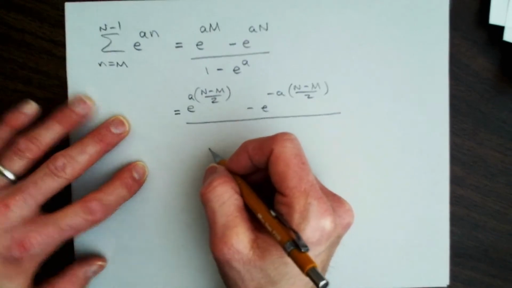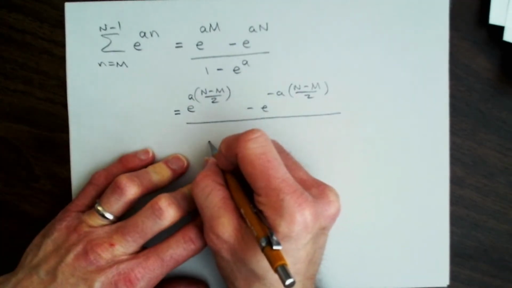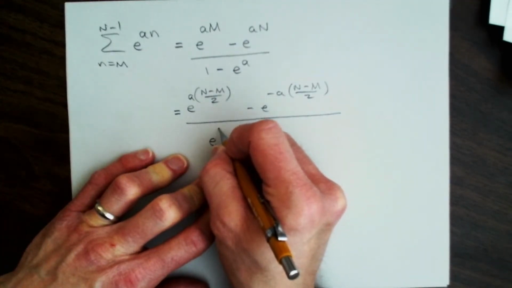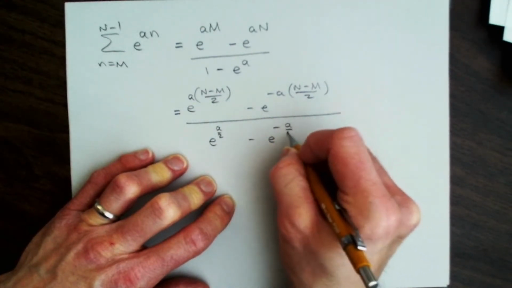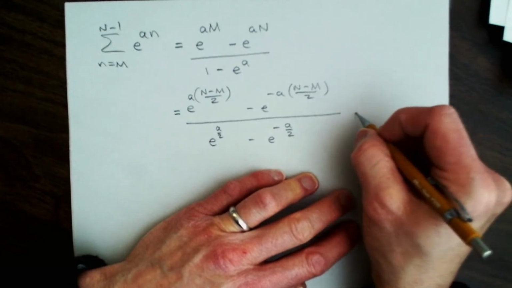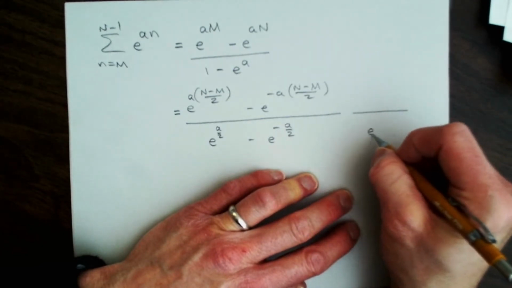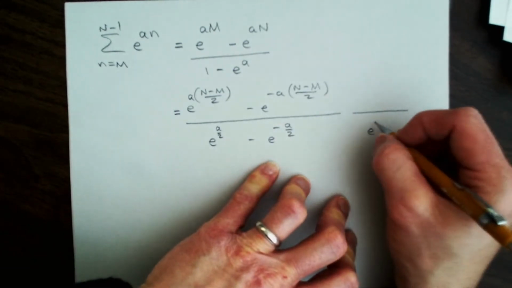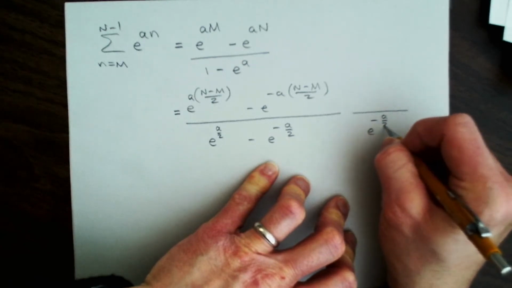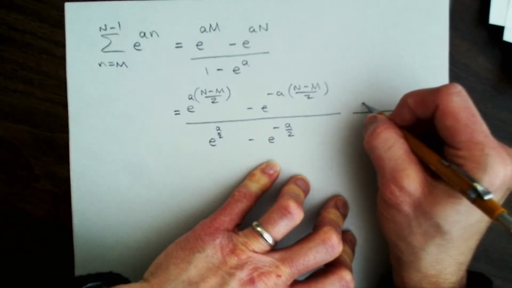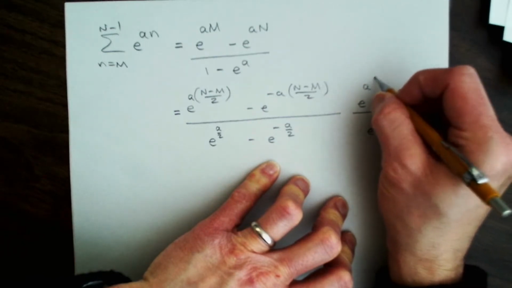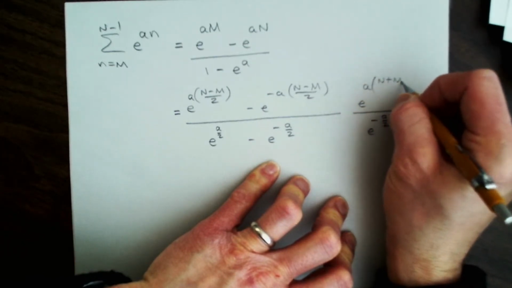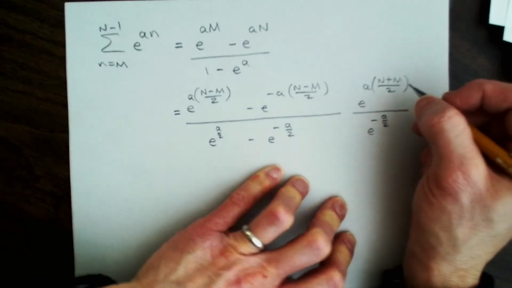We'll do the same thing in the denominator. So I'll have e to the a over 2 minus e to the minus a over 2. And then we'll have e to the minus a over 2, and then e to the n plus m over 2.